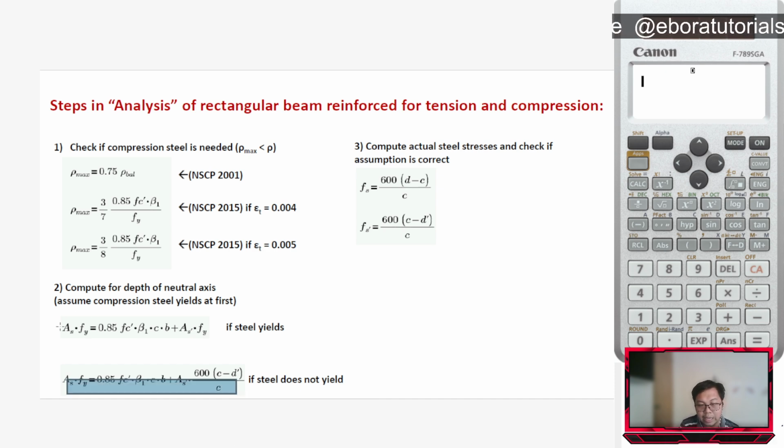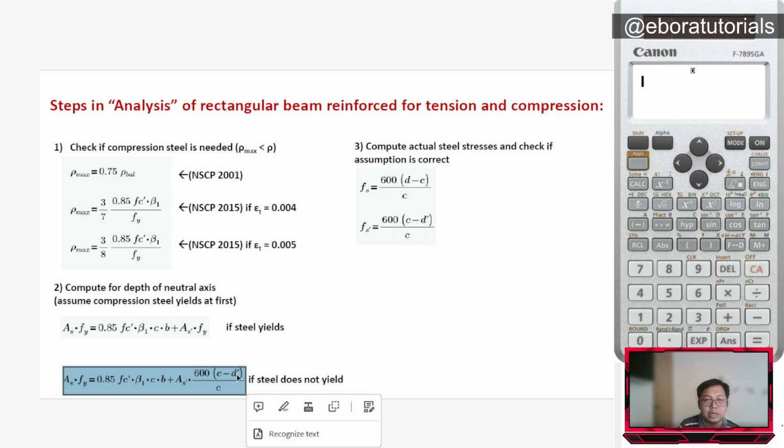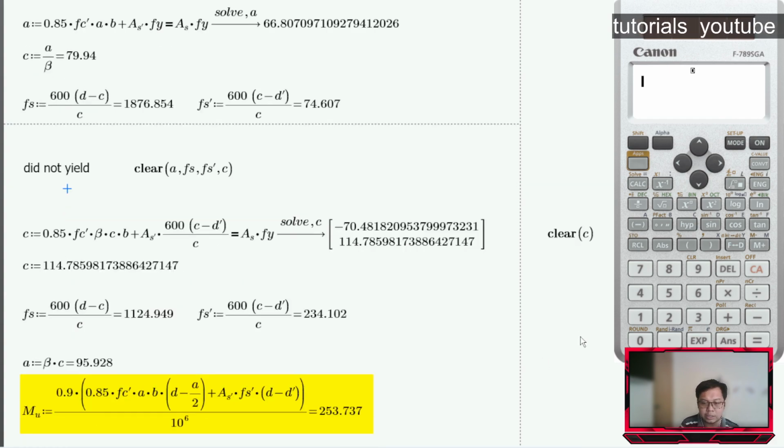Basically, this is just the same sa previous equation, except instead of using Fy for the fs', we will use the actual value or actual equation of fs', which is 600 (c minus d') over c. Now, the only problem is medyo mataas yung equation na to. Depending on how you will fit this sa calculator, kaya naman natin i-kasya to sa calculator. Check na natin, pwede bang i-kasya sa calculator.